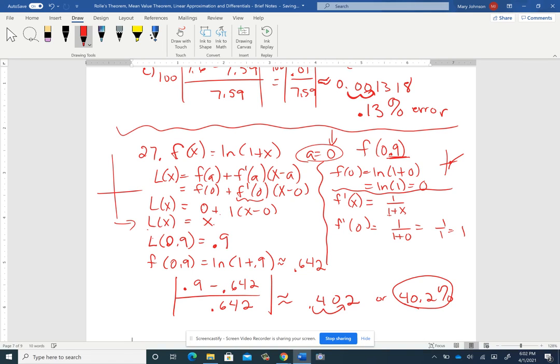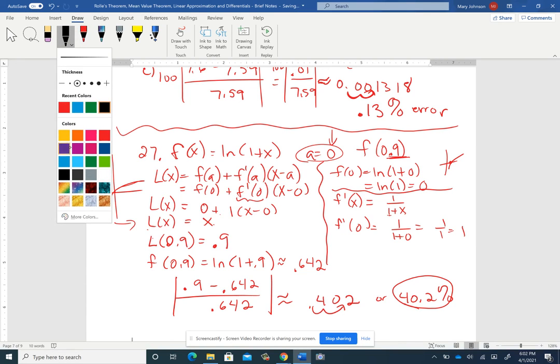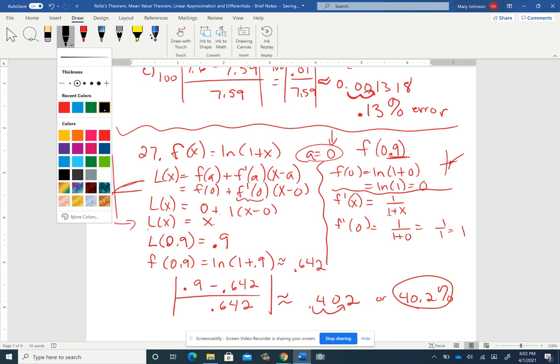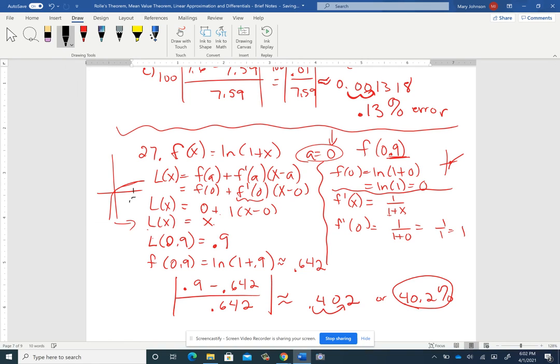So ln of x, that's been shifted to the left one, is going to look something like this, okay? And so if you look at the tangent line, when you're out at 0.9, almost to 1, here's your tangent line, okay?